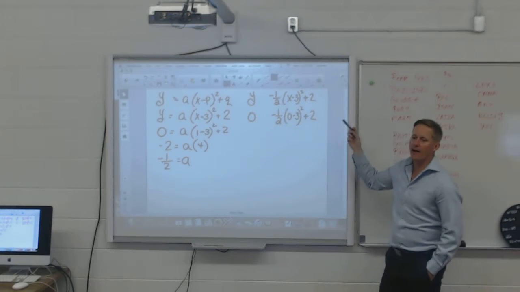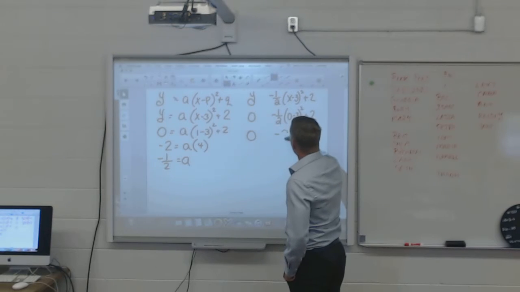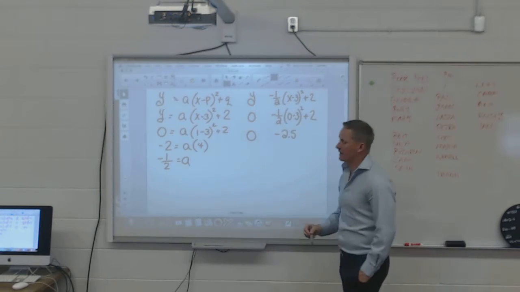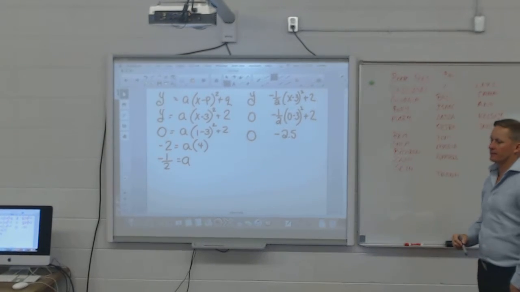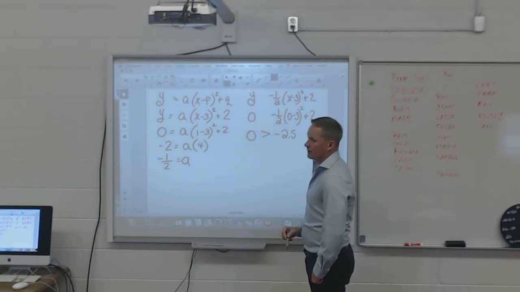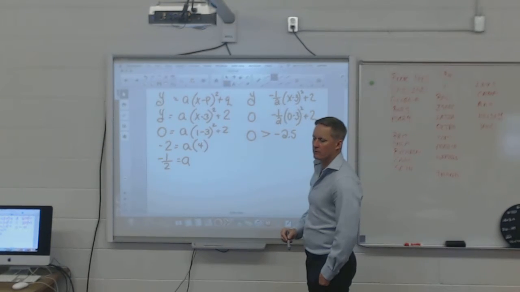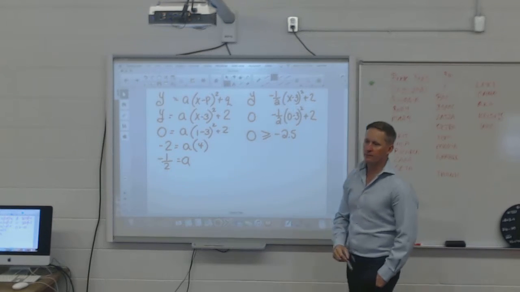Negative 4.5 add 2 is negative 2.5. So what direction does it go, and is it equal to? 0 is greater than or equal to negative 2.5. Now look at your graph. Is it equal to? Yes, it's solid. There you go.